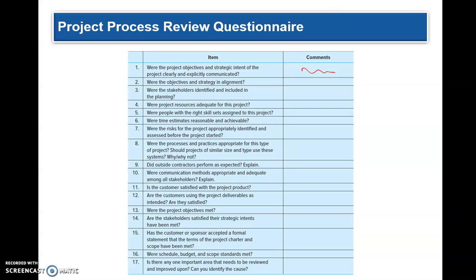You can also find out whether project resources are adequate for this project. When the project is currently being held, this is a great time for the project manager to say, hey, I don't have enough resources, I need resources. So it is documented in the project process review. Okay, so those are the things that you need to look out for.